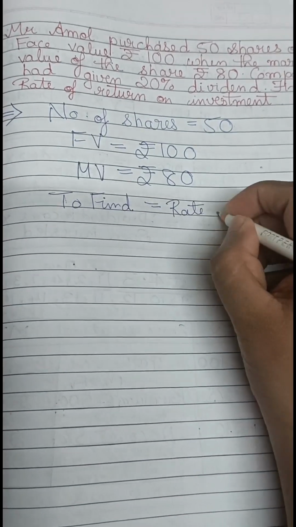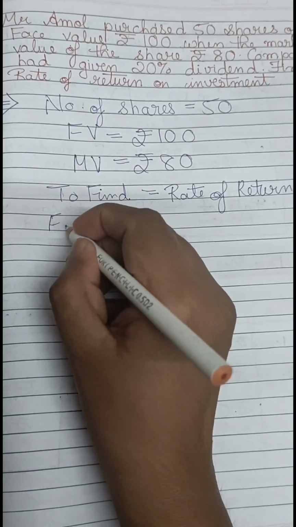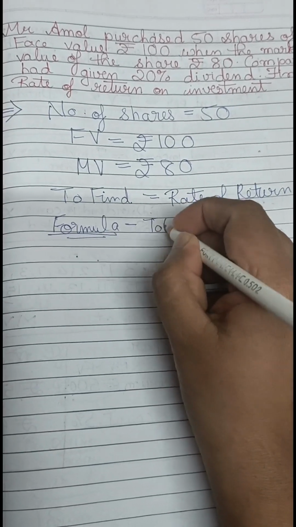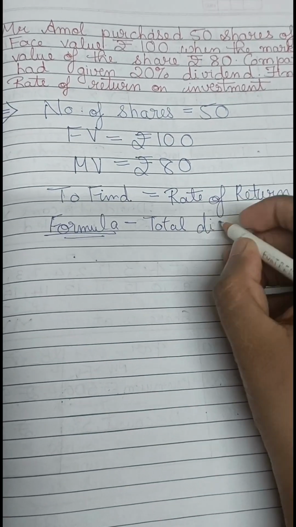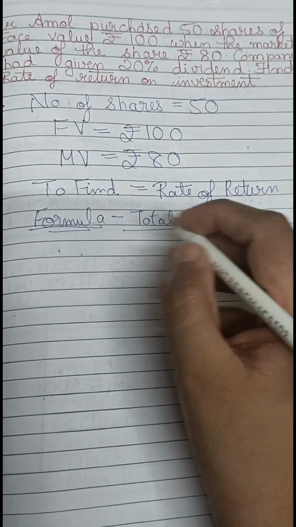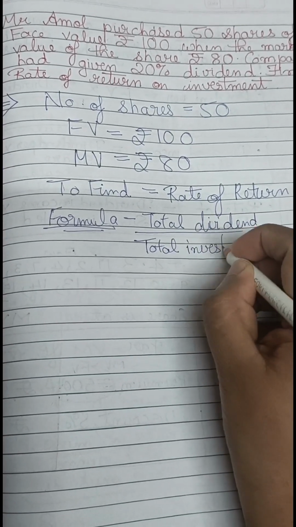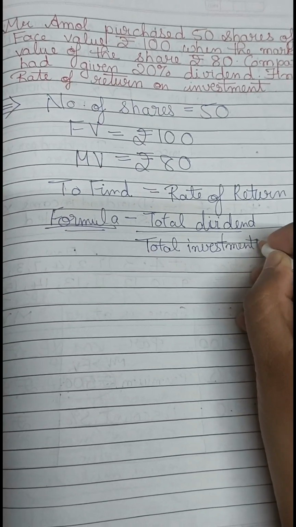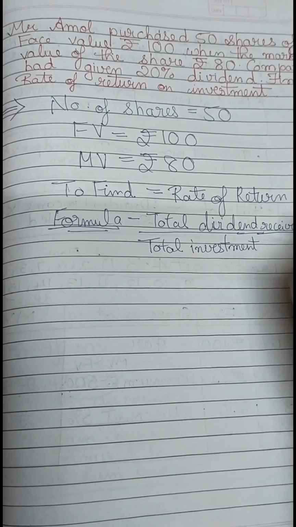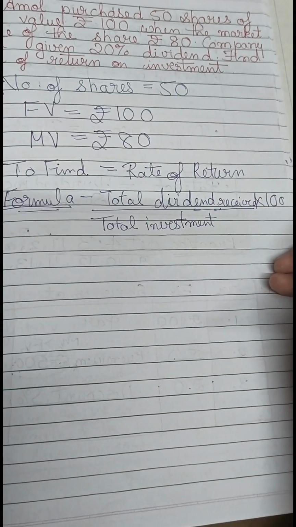Find rate of return. So you know the formula, isn't it? What is the formula? Total dividend received upon total investment into 100. Correct? This much is clear to you all?